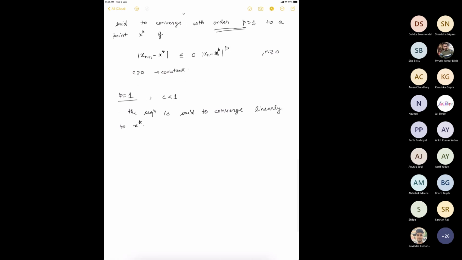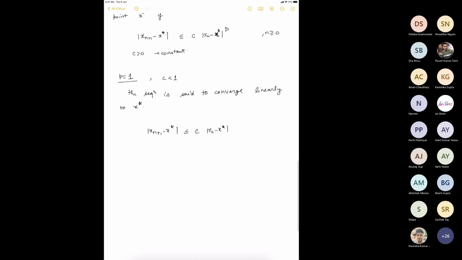And you will see that c less than 1 is important, because what do we have in case of p equal to 1? That xn plus 1 minus x star is less than or equal to c times xn minus x star. If I keep repeating this procedure, I get that this is less than or equal to c times xn minus 1 minus x star, so I'll get c square.